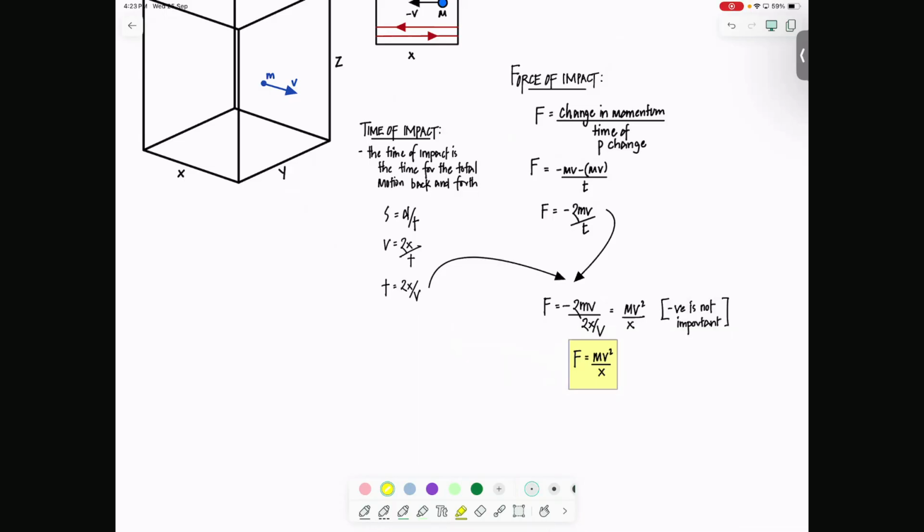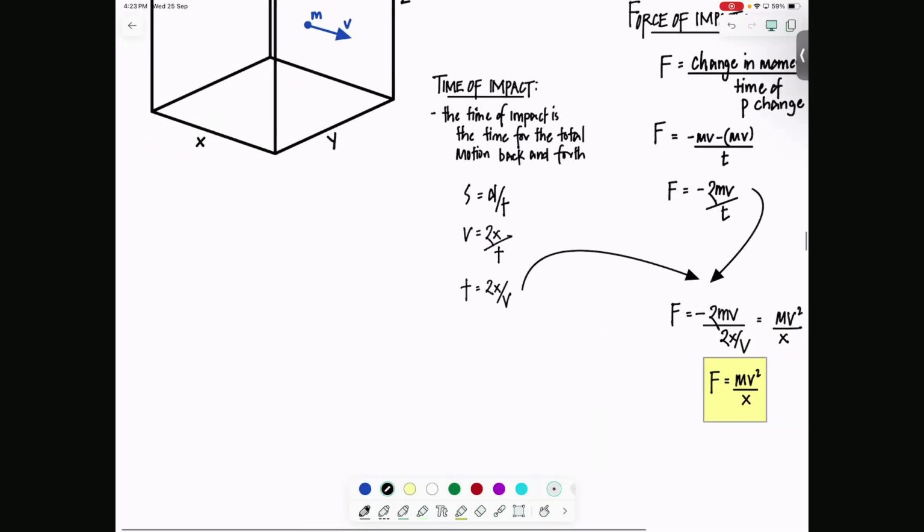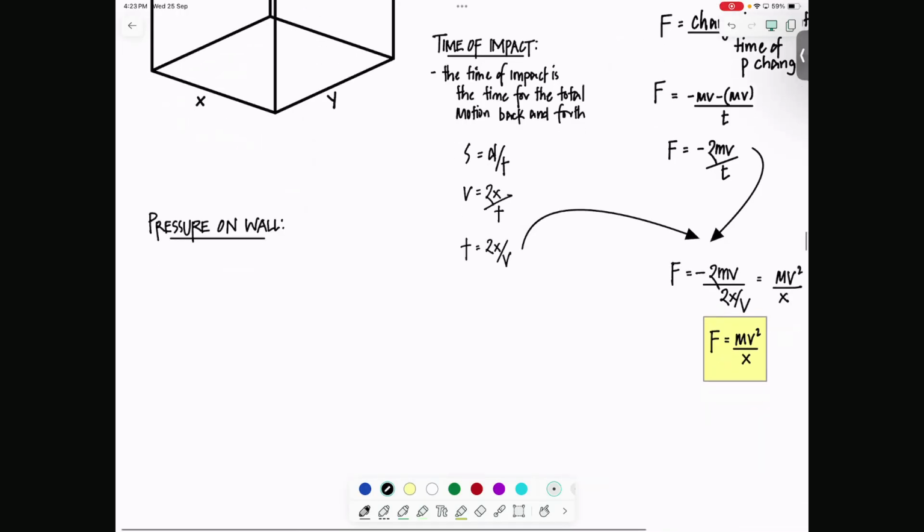Next, we'll go for pressure. So pressure formula কি হবে? Pressure equals pressure on wall, which is going to be force divided by area. এখানে একটা interesting assumption করা হয়.